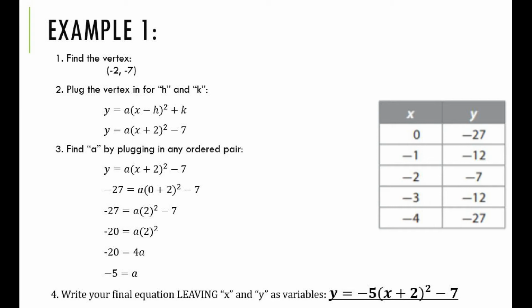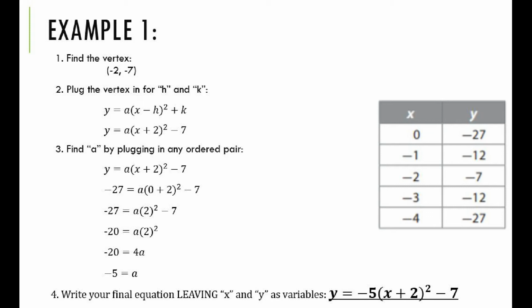Now the next thing I want to do, instead of messing with the exponent, because remember we do order of operations backwards, I want to get rid of that -7. So I'm going to get rid of that -7 by adding 7 to both sides. So when I add 7 to both sides, I get -20 equals a times 2 squared.